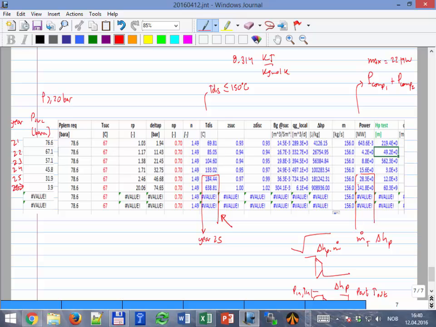Maybe it will reduce the power, but I'm not sure if it will reduce it to 22. We can try. But what do you recommend here, what could we use? Solver, please. Okay.